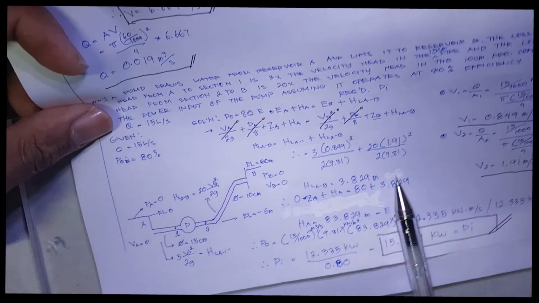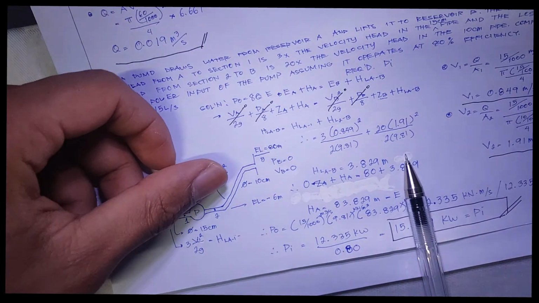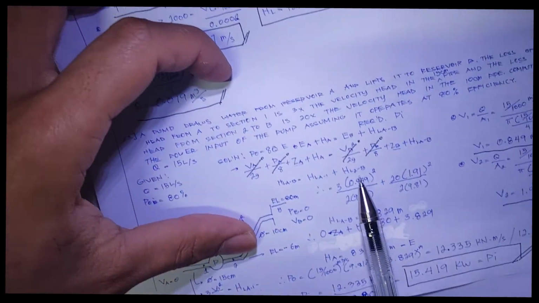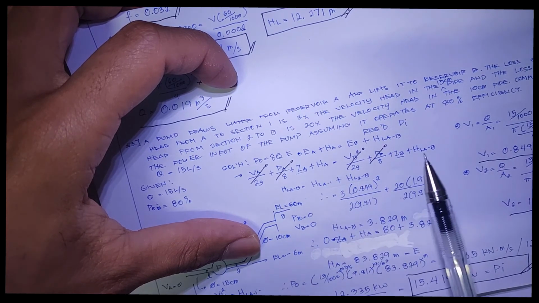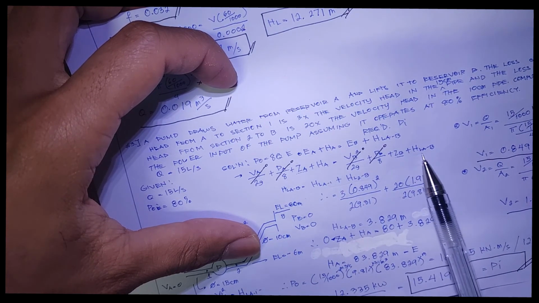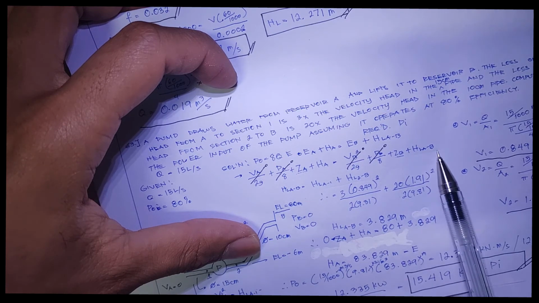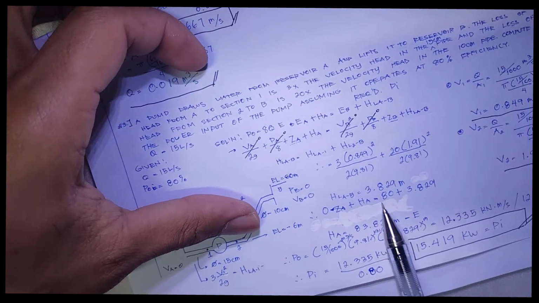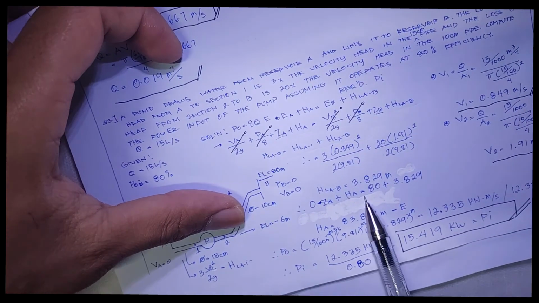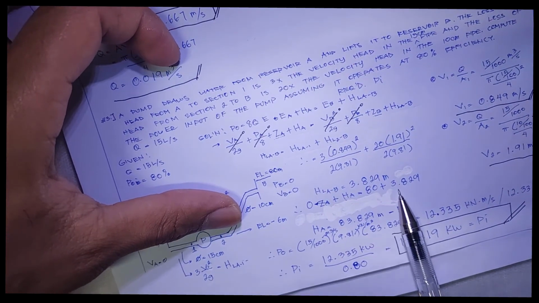Substituting again the values in the formula above, we have the head loss from A to B. Now we need to find the value of HA. HA is equivalent to 80 plus 3.829.